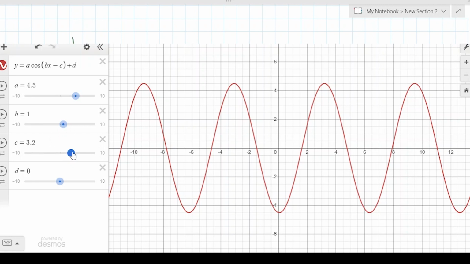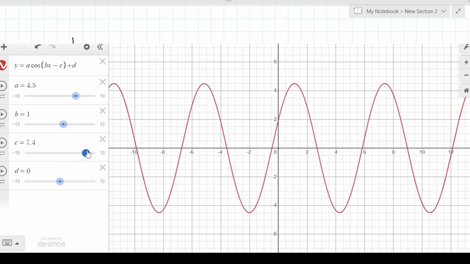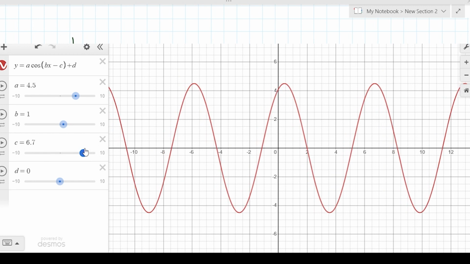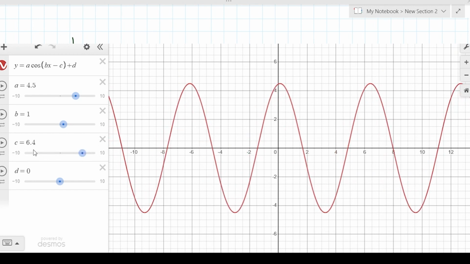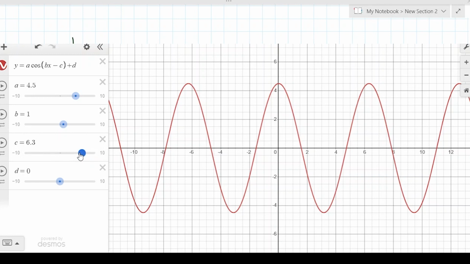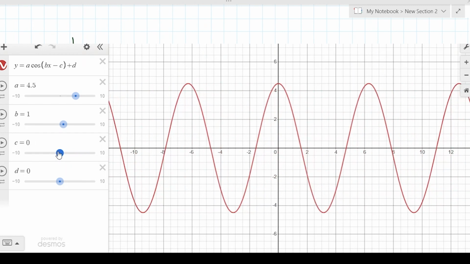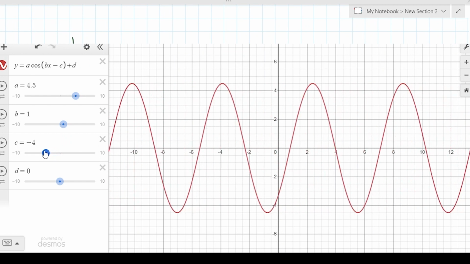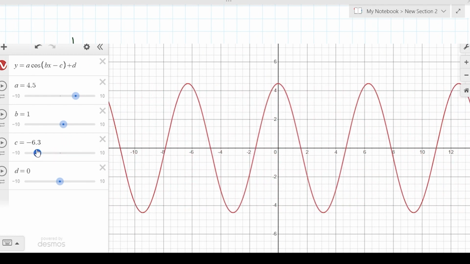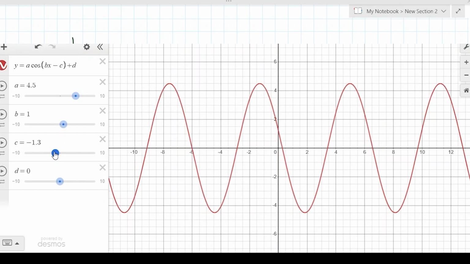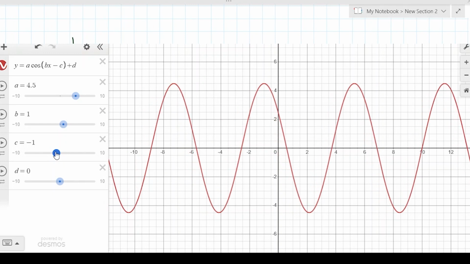If I go on increasing, it moves forward, and when the next peak reaches here, its value is approximately 6.28, that is 2 pi. 2 pi means one cycle is completed, then the next peak reaches here. If I move it towards the left, you can see that the next peak reaches here. When I bring it back to 0, look at the value of C.